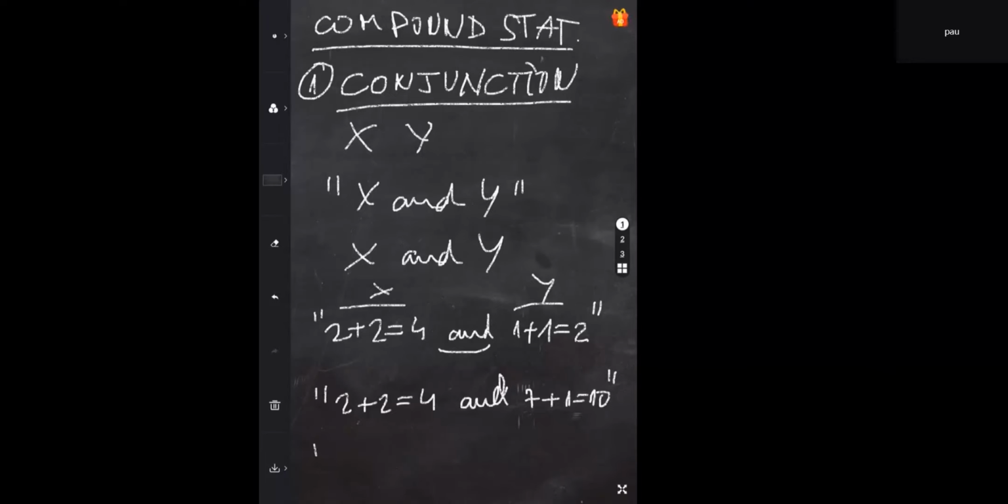Another example, 1 plus 1 equals 2 and 1 plus 1 equals 2. So this might look fun and silly, but this is exactly the same category of conjunction. And of course, it is true.